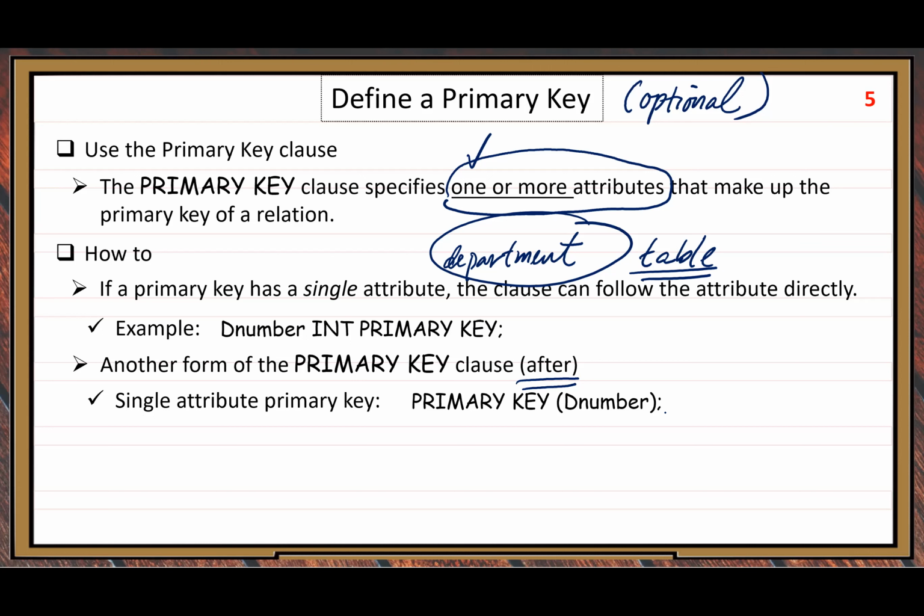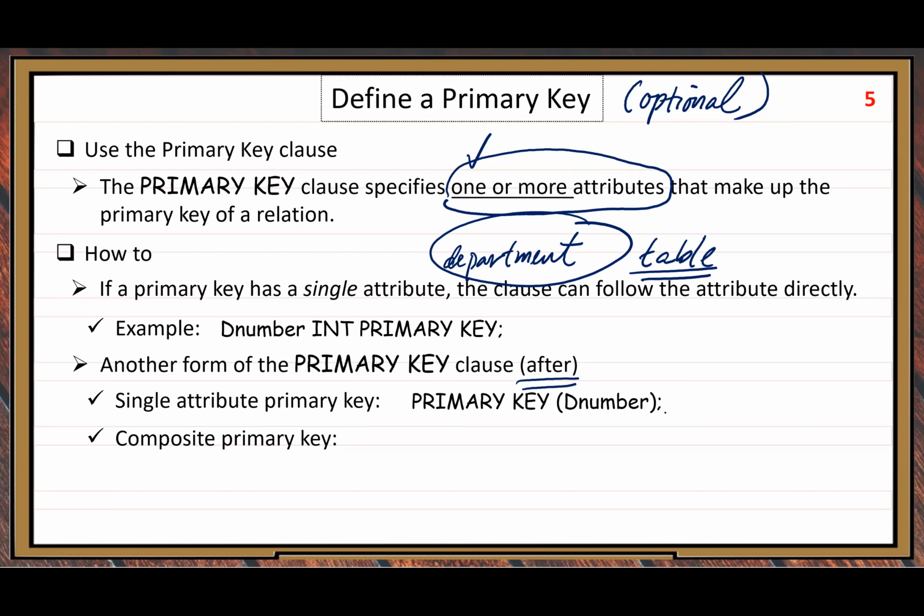Another good thing about the second way is composite primary keys, where more than one attribute is used as a primary key. That's called a composite primary key. In that situation, we have to use this way.